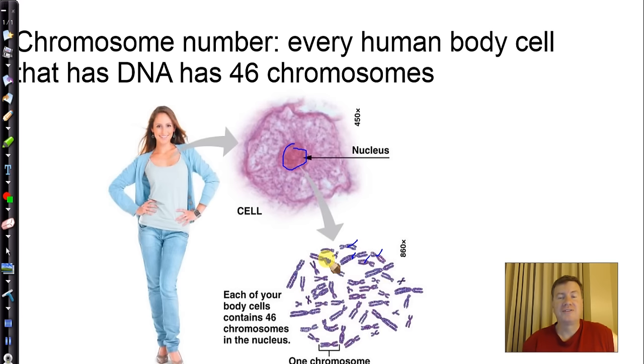If somebody has a condition like Down syndrome, then they're going to have 47, one extra of a particular type. We won't get into the details of this too much, but we actually can number all these chromosomes.